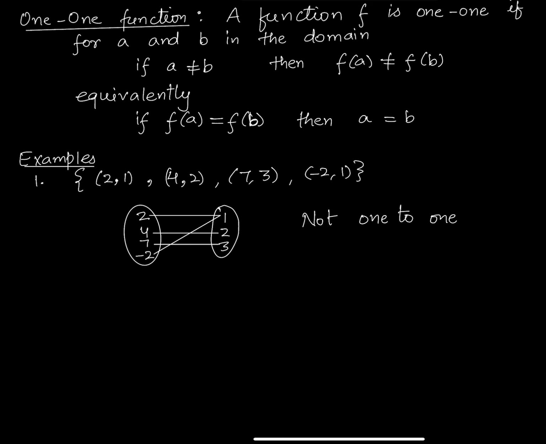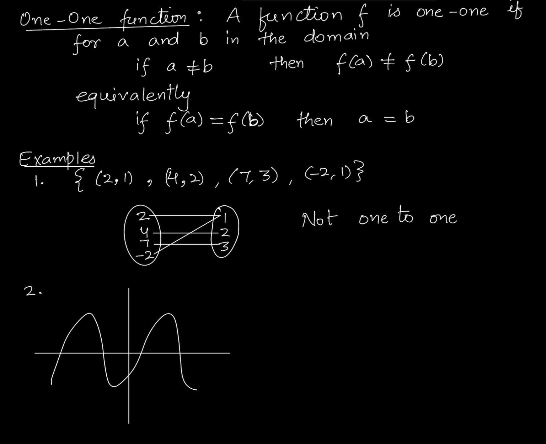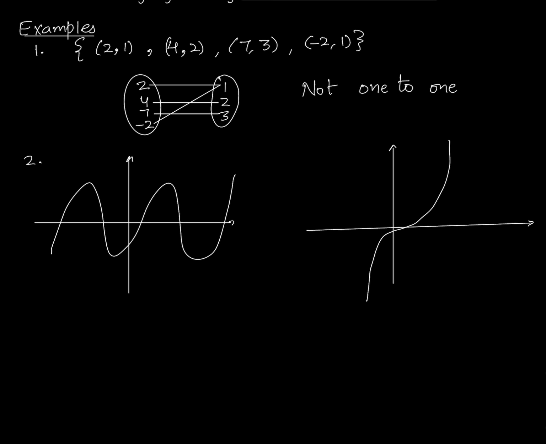We can also check the graph, if the given graph is a one-to-one function or not. Let's say you are given graphs. One looks like this, and another looks like this. So there is a test to check if the given graph is 1-1 or not.